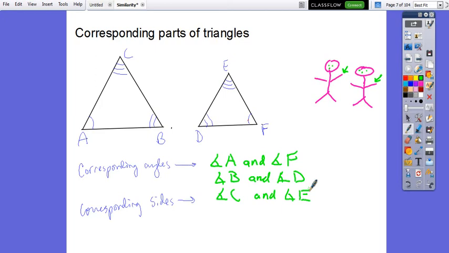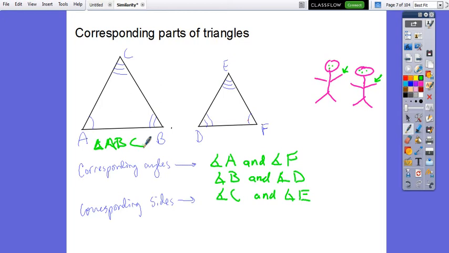All right, corresponding sides. Now, if you're going to determine what the corresponding sides are, you're going to use the angles to help you with this. So, let's name triangle ABC according to the order of the alphabet, right? So this would be, write this down, triangle ABC.